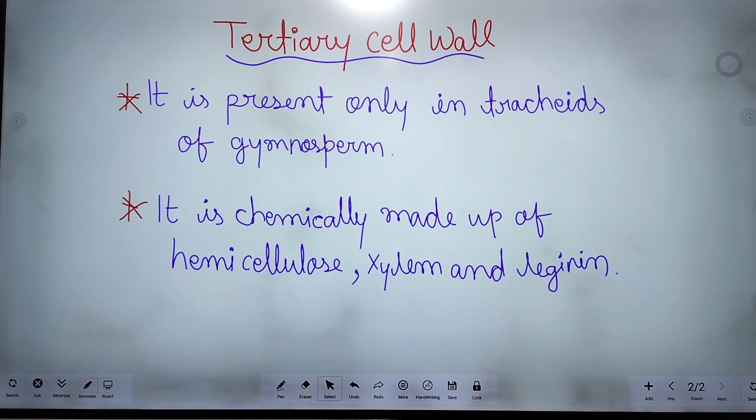So this is all about the tertiary cell wall. The first point is that it is only present in the tracheid of the gymnosperm, and it is chemically made up of three things: hemicellulose, xylem and lignin.